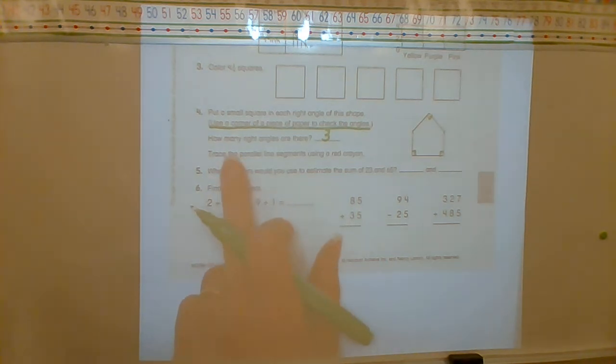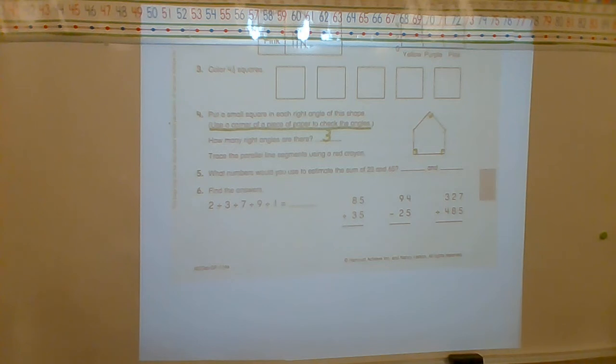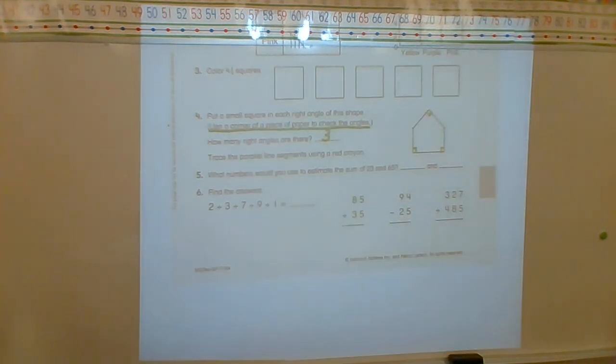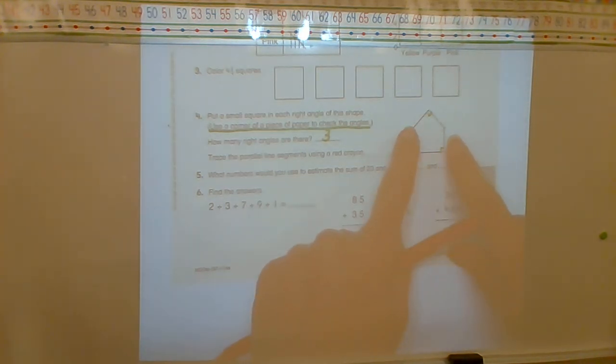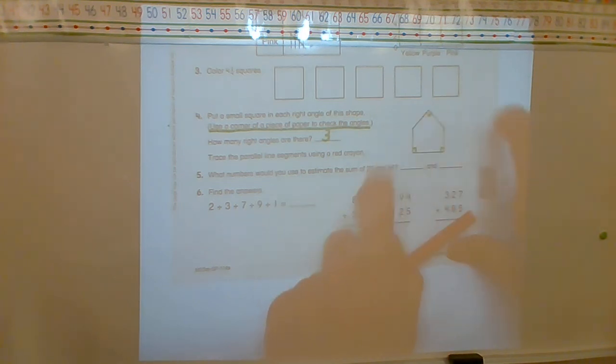Now, trace the parallel line segments using a red crayon. Parallel, woo woo, train tracks. If we were going to trace train tracks, they run side by side and they'll never crash. Let's see. These guys run side by side, but if we follow them, there's a horrible crash.